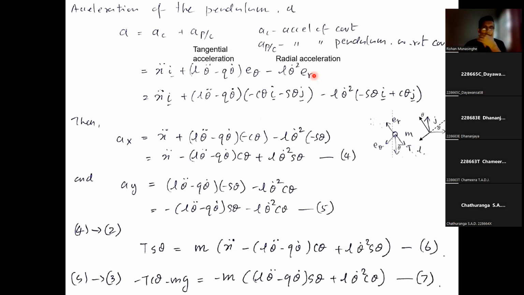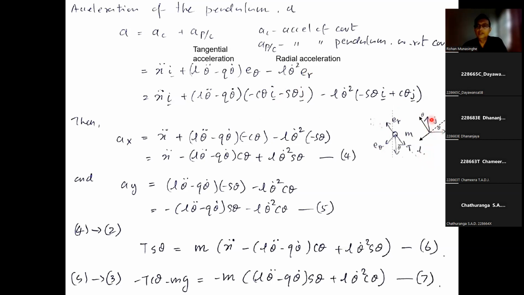And the next, what we do is, now we can't have E theta and ER also in the equation. We have already a lot of unknowns. We can't have more. So this E theta and ER we use only temporarily to indicate the directions, right? Now we want to get rid of that using I and J. So in this small diagram, you can see the relationship, how ER and E theta are related to I and J, right?